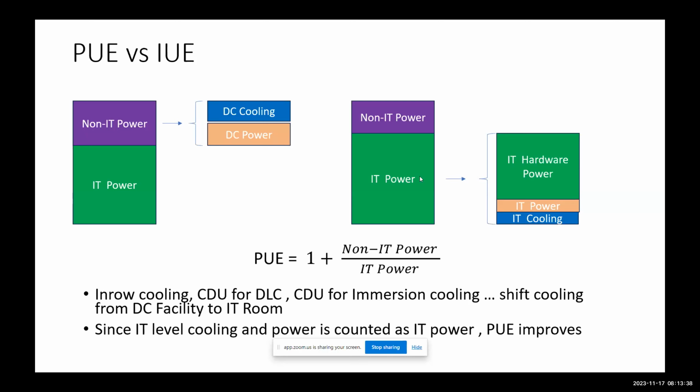So I just want to start there before we jump to IUE, because IUE is not insulated from this. IUE has the same issues, except that it's a new metric, so nobody's using it, so there is no gaming going on.